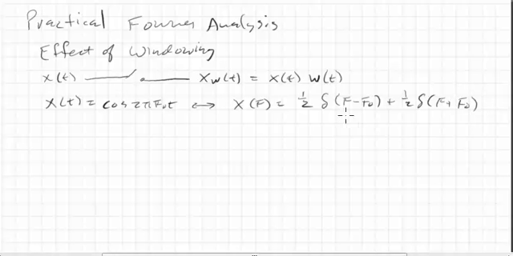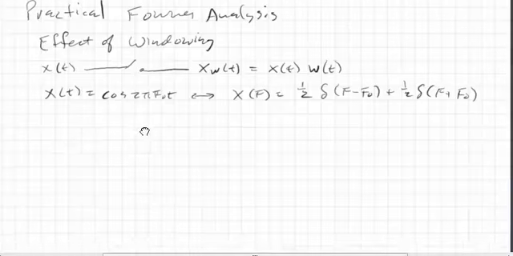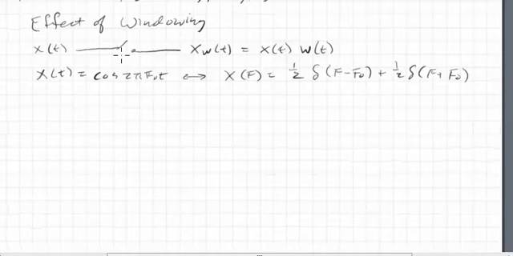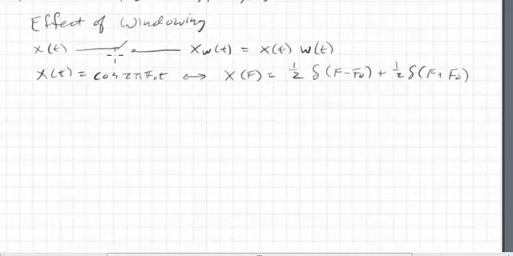To picture what's going on, we're going to picture turning this on and then turning it off. I'm going to draw two pictures, a time domain and a frequency domain. Time on the left, frequency on the right.